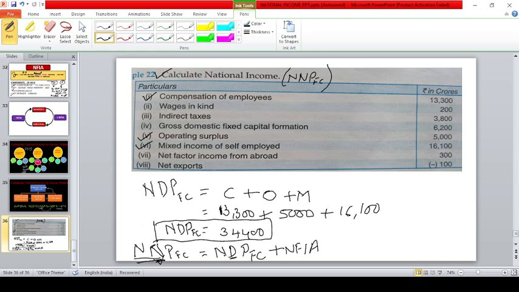So NFIA will be added to domestic in order to get national. So plus NFIA. Now P and P is same, so nothing to do. FC and FC is also the same, so no changes will be done.